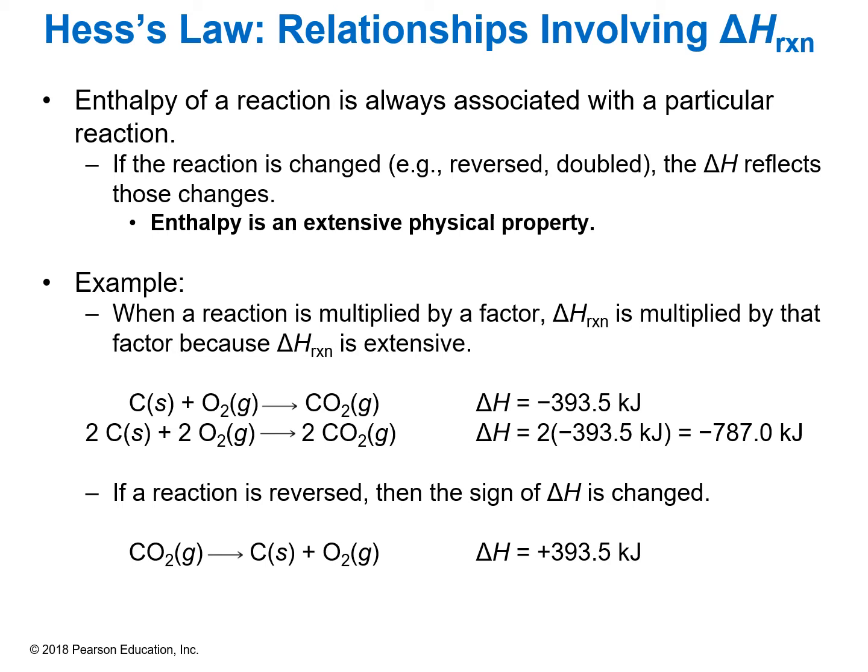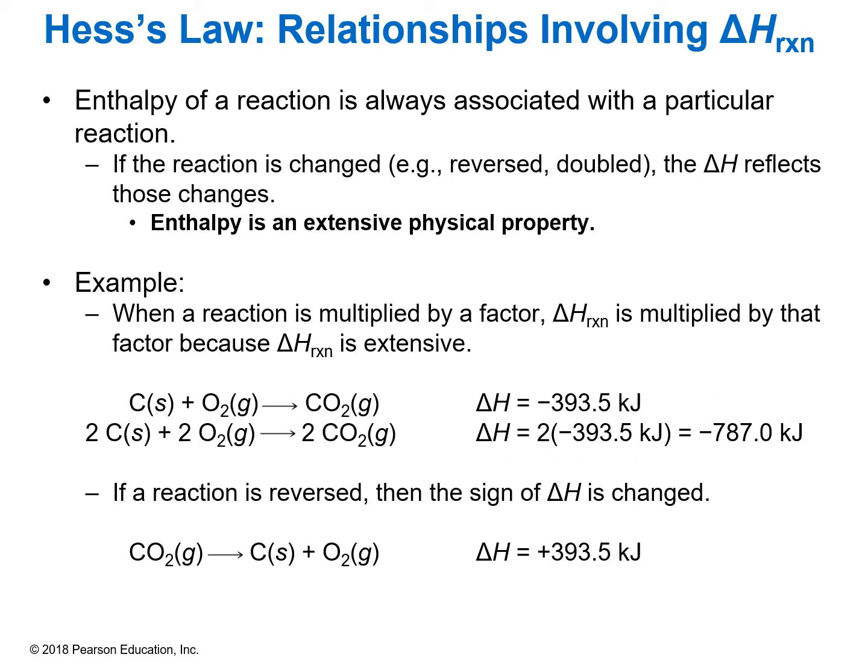If for some reason we needed to multiply this by 2, not only would we multiply all the products and reactants by 2, but we would also double the delta H, because remember, delta H is a physical property and it depends upon how much stuff you have. Up here we're dealing with only a 1:1:1 mole ratio, and here we've doubled it, so it would make sense that the heat would also be doubled.